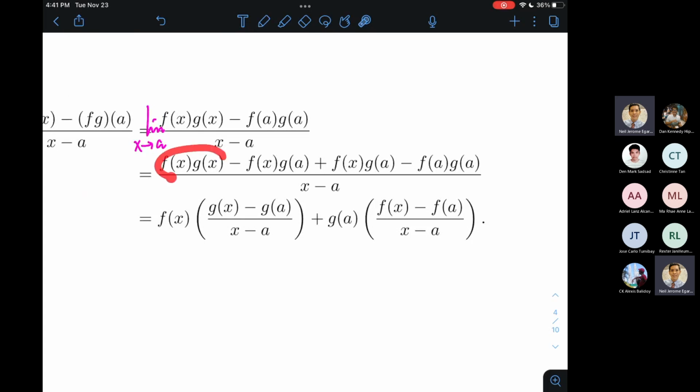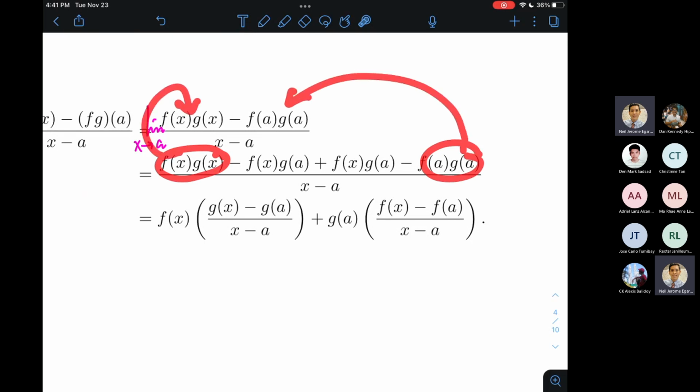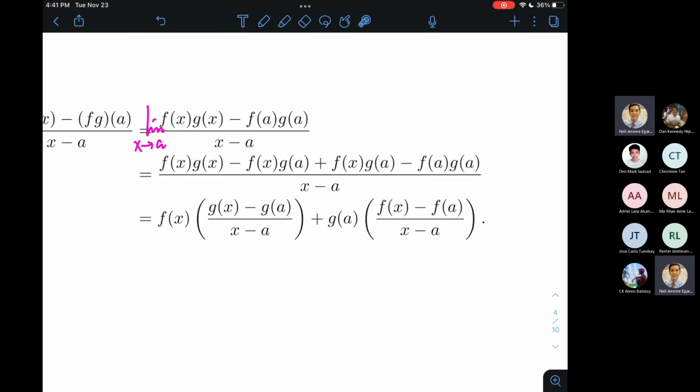So, kinopya ko to mula dun sa original, right? Then nag-introduce ako ng additional terms which sums up to 0 to preserve the equality with the previous expression. So limit pa rin siya, pero inintroduce ko ito. Okay?